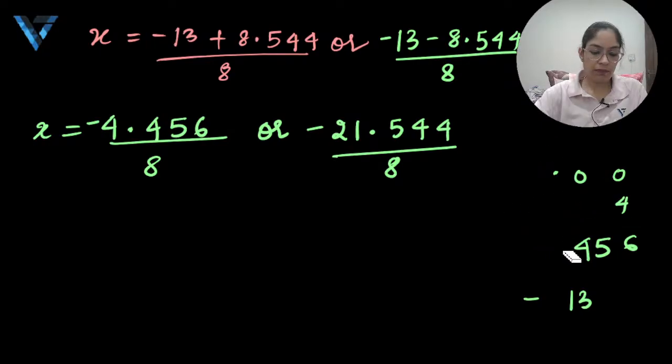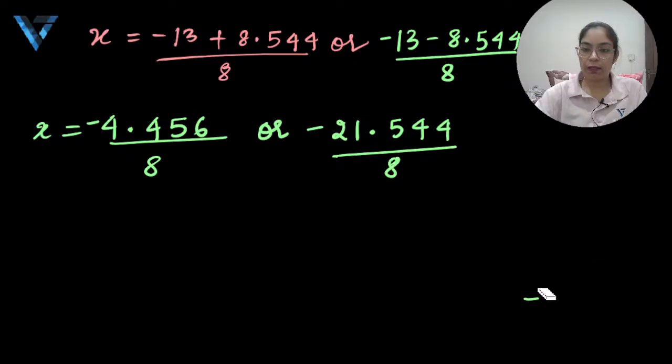So it's minus 4.456 by 8, or minus 21.544 by 8. Now divide and tell me the answers to 3 decimal places.